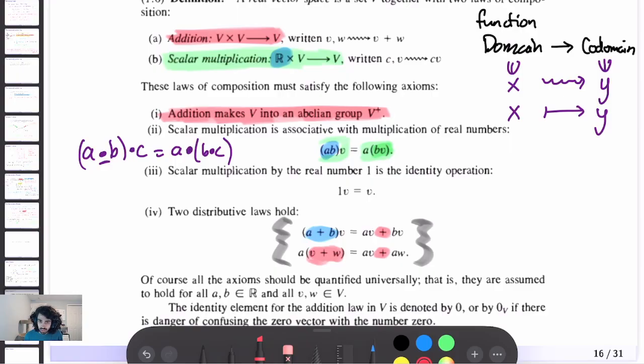One point worth saying is that it is occasionally useful to be careful about what you mean by the symbol 0. If it needs to be emphasized, the distinction between the vector 0 and the real number 0, Artin will put a sub v, I will put a vector on top of the 0.